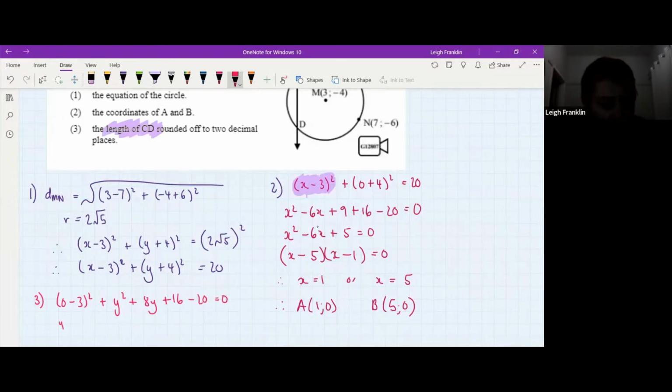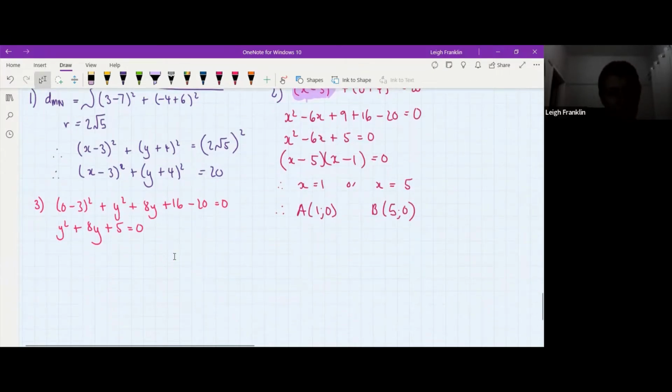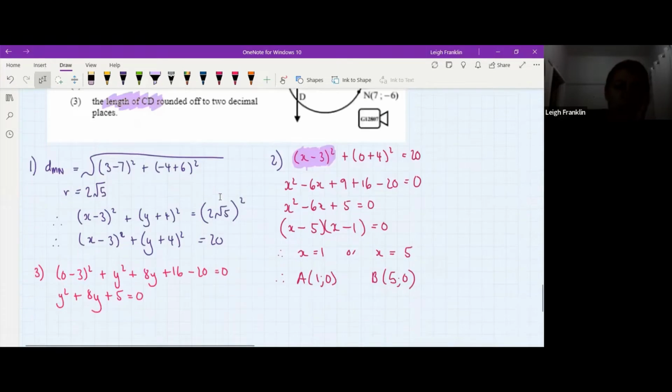So that gives us y squared plus 8y, and now again we've got 9 plus 16 minus 20, so that would be minus 5. Oh, okay, but hang on a second. It did say rounded off to 2 decimal places.